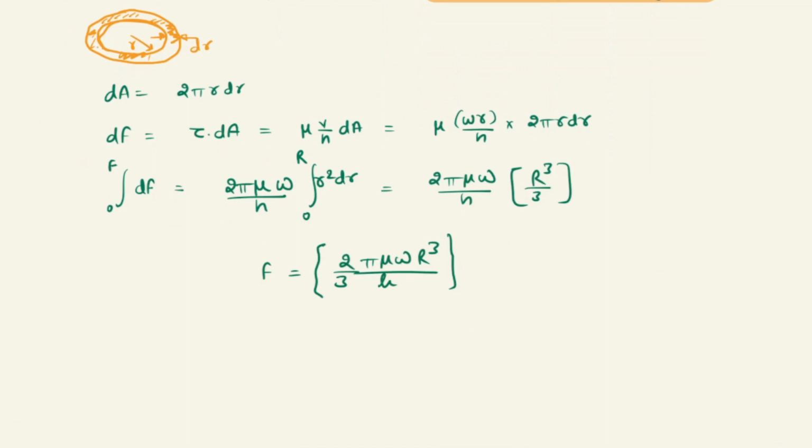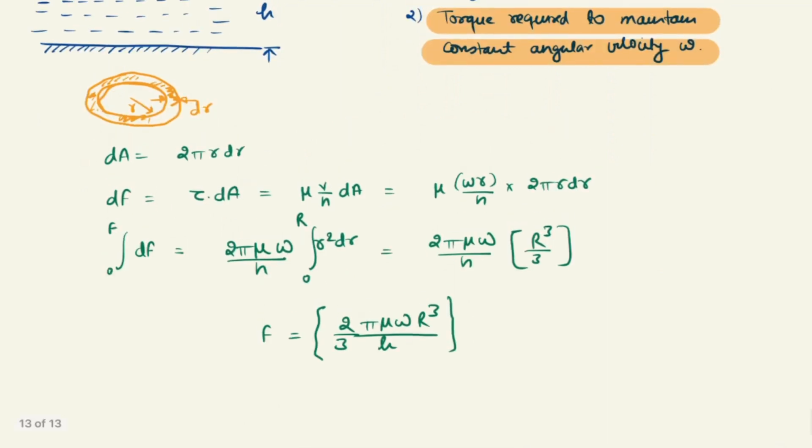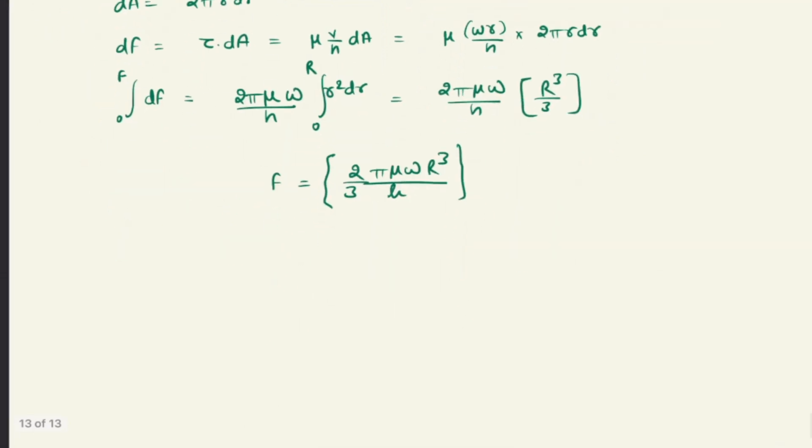So we have calculated our force which is required to set the circular disc into a motion of angular speed omega. Now we are required to find out the torque required to maintain this angular velocity.